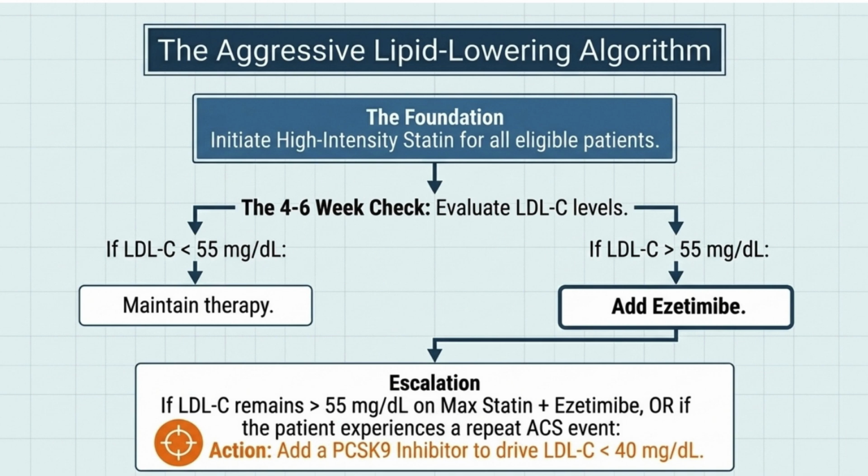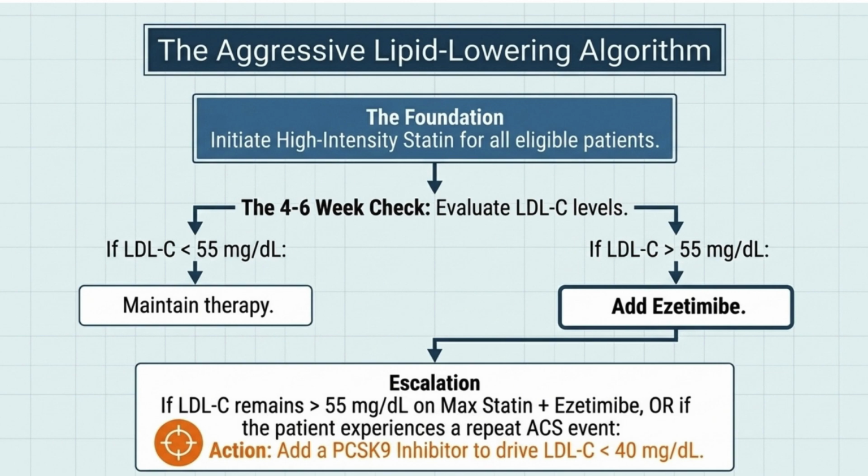Let's focus heavily on lipid optimization. All post-ACS patients are considered very high risk for future cardiovascular events. Under contemporary clinical lipid guidelines, a high-intensity statin alone is often not enough. If a patient fails to drop their LDL-C below a strict target threshold of less than 55 mg per deciliter and a 50% reduction from baseline, non-statin therapies must be added sequentially.